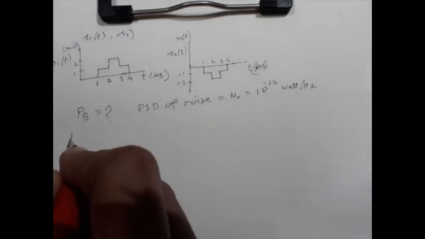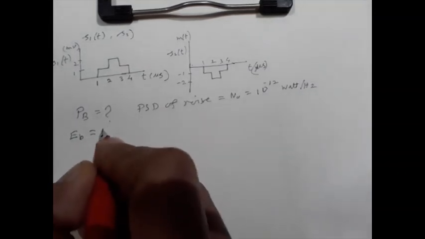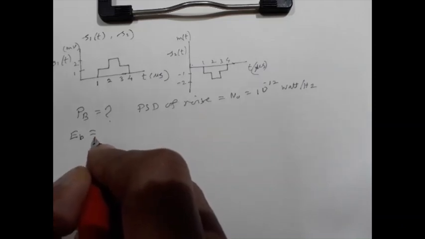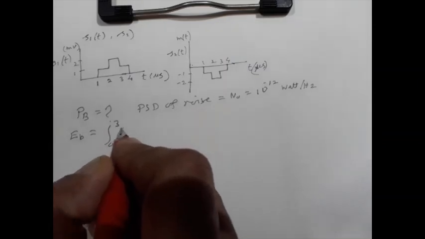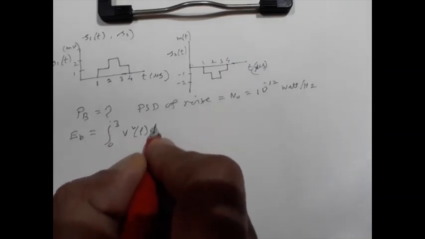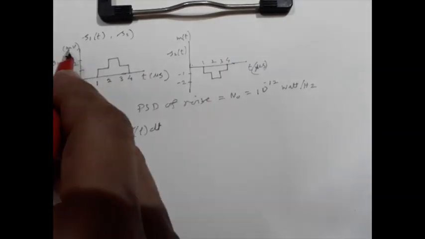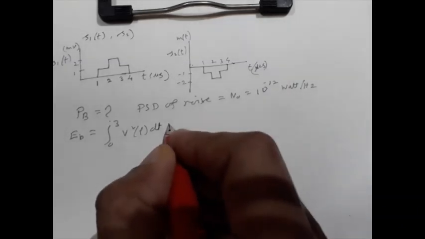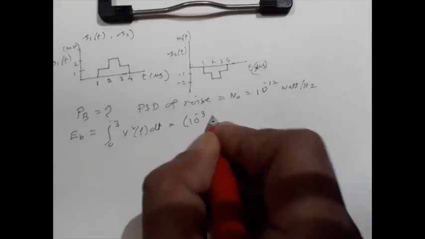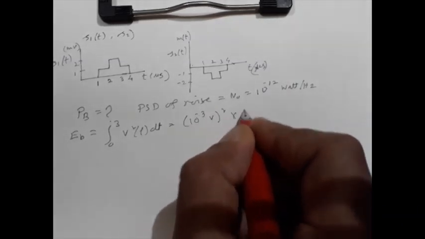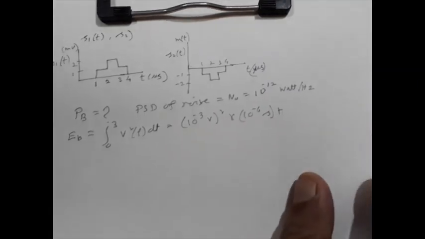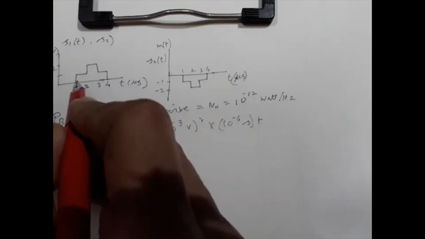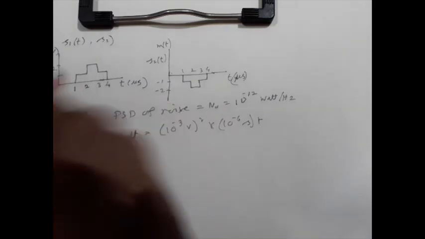So in this case, first of all, we have to determine the bit energy. Mind it, this is in microseconds, this one is in millivolts. So it can be evaluated in this way. We have to take the energy here, here and here.